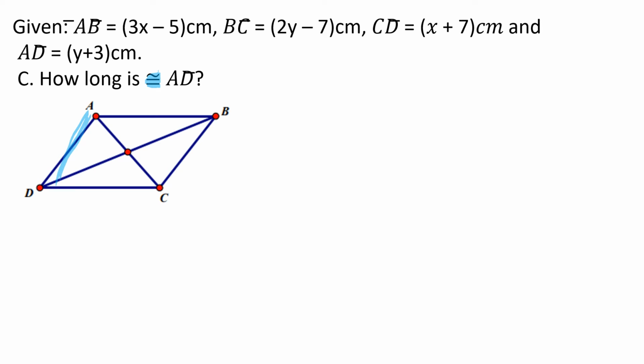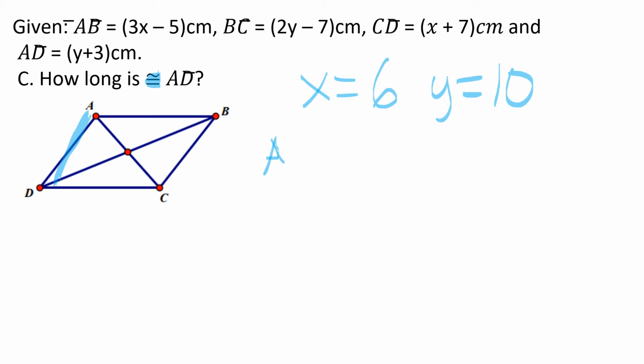This is side AD. Remember that the values in our previous solutions are x equals 6 and y equals 10. These are the values of our variables. So what is the measure of side AD?